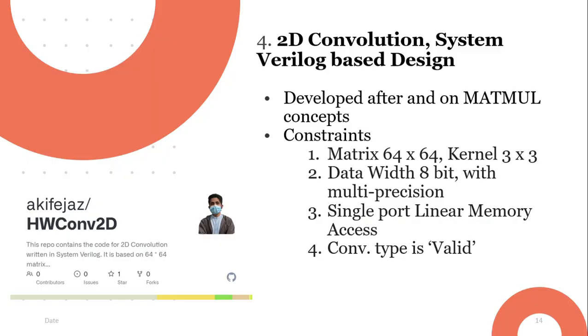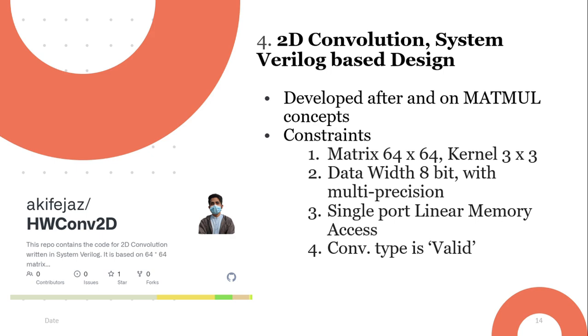The next thing I would like to discuss is the changes we made to turn their Matmel into a 2D convolution module. You can also check out our GitHub to see this project. There are some constraints we have set: the matrix constraint and the kernel constraints.